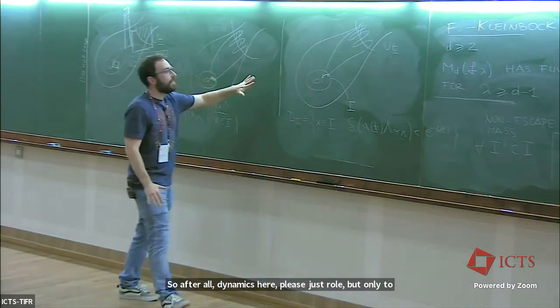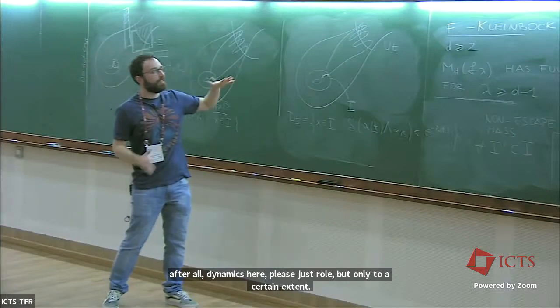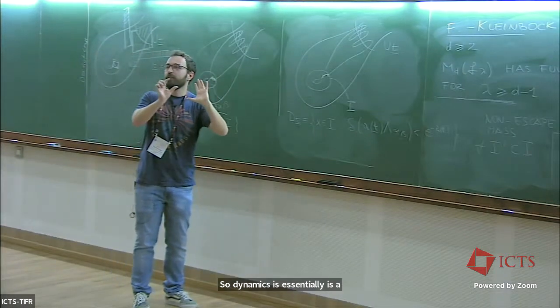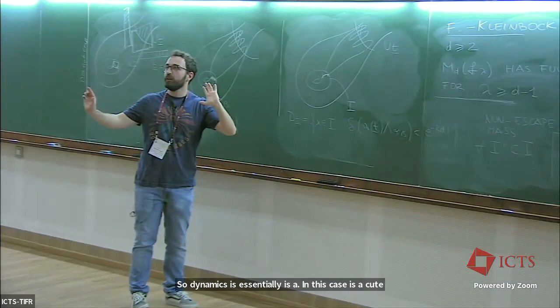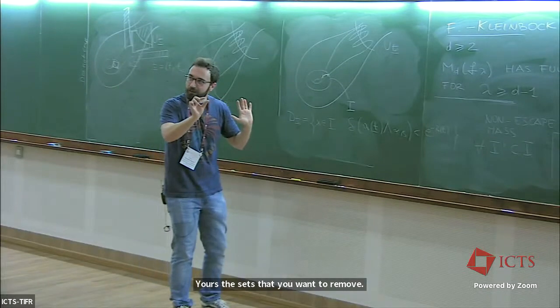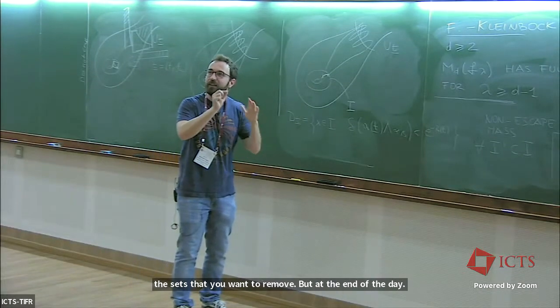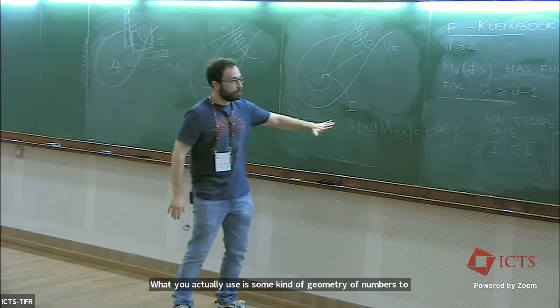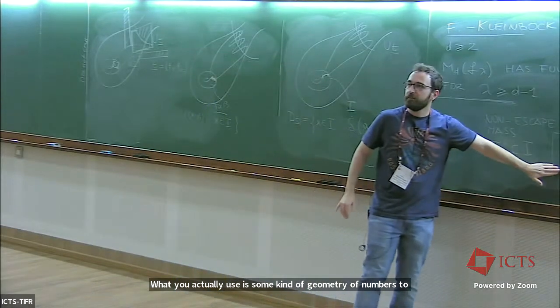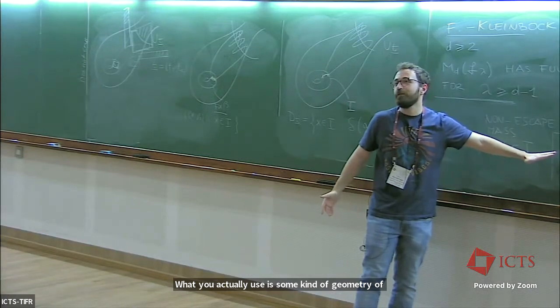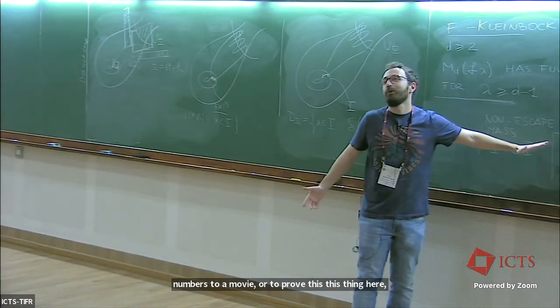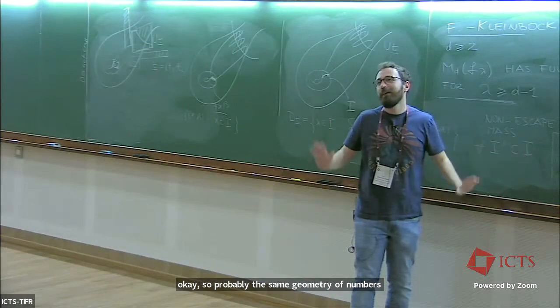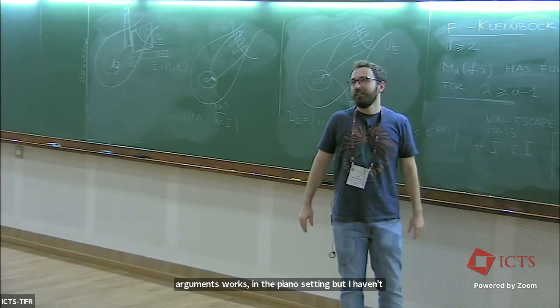Dynamics in this case is essentially a cute way of ordering the sets that you want to remove. But at the end of the day, what you actually use is some kind of geometry of numbers to prove this thing here. So probably the same geometry of numbers argument works in the p-adic setting, but I haven't checked it. I don't know.